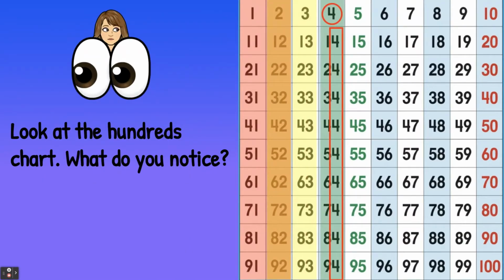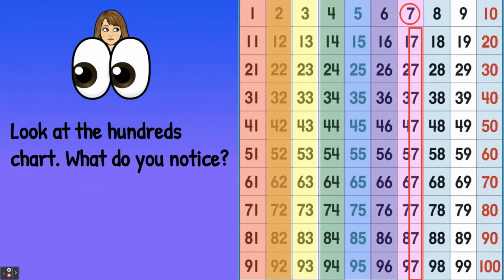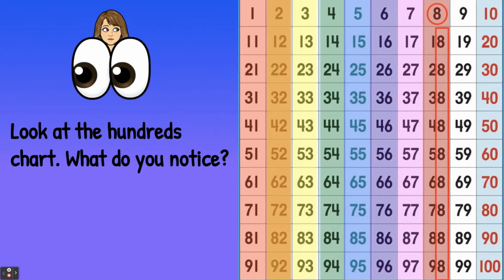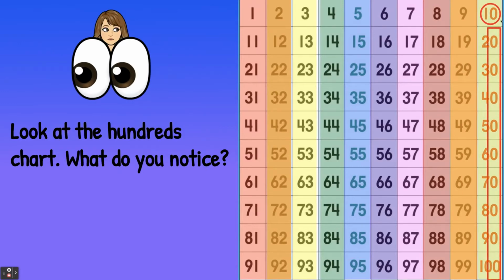Every number in the 4 column ends with 4. Every number in the 5 column ends with 5. The 6 column, they all end with 6. The 7 column, they all end with 7. The 8 column all ends with 8s. The 9 column all ends with 9s. And in our 10 column here, all of the numbers end with 0.